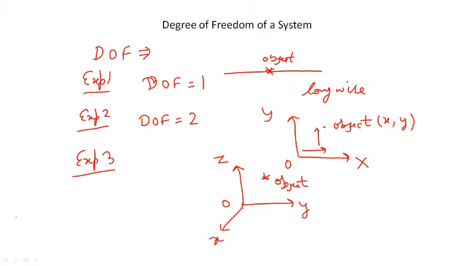To specify the position of this object, you very well know that you will require three Cartesian coordinates x, y, z. So here the degree of freedom will be 3.